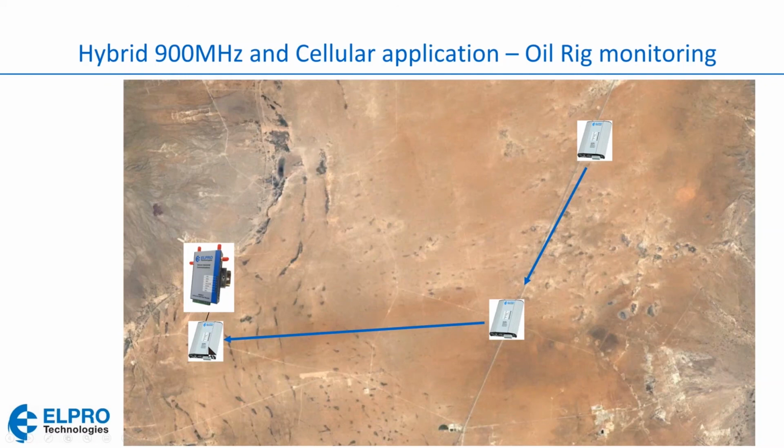They jumpered the Ethernet port of the Ethernet modem into the Ethernet port of the cellular modem, and now they're accessing all of this equipment via this one cellular modem. So again, just another hybrid application, where they're mixing 900 megahertz radios with cellular to allow for remote access.